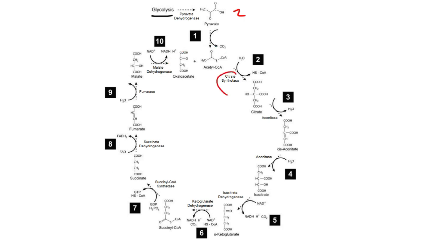The enzyme that catalyzes that reaction is citrate synthase. It synthesizes citrate from this 4-carbon molecule, oxaloacetate, and the 2-carbon acetyl part of acetyl-coenzyme A. So we get a 6-carbon molecule.